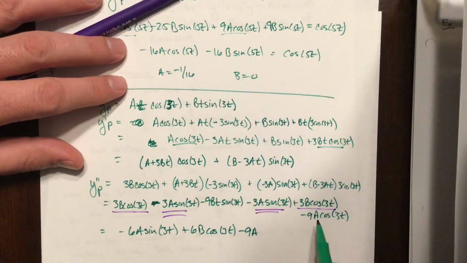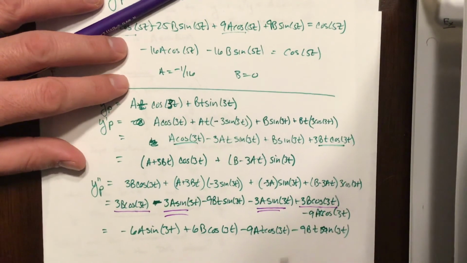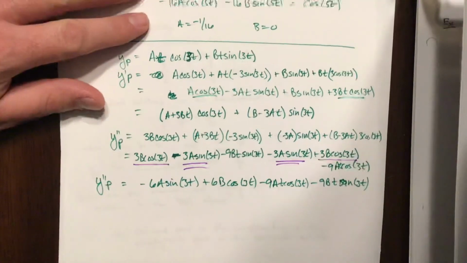And I made an error there, that's a 9at cosine 3t minus 9bt sine 3t. And that's what y double prime is.